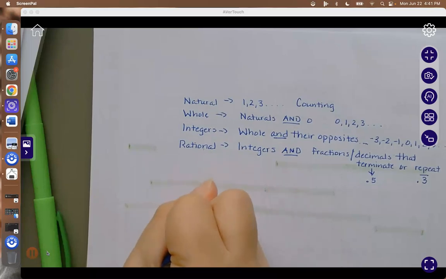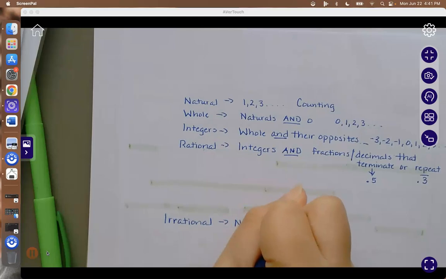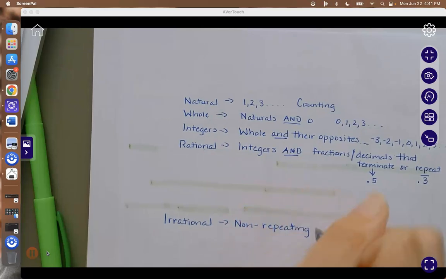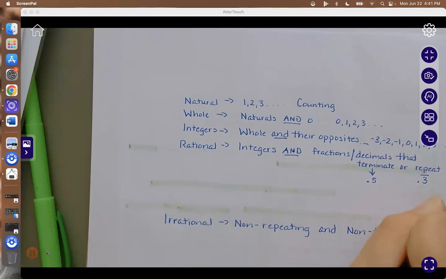Irrational are non-repeating and non-terminating decimals.